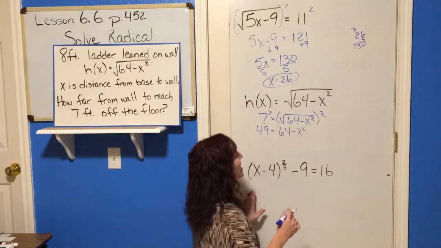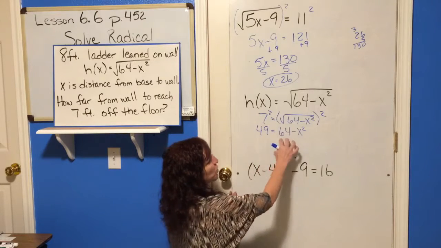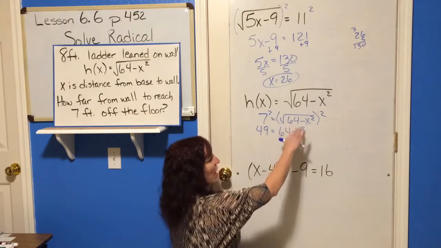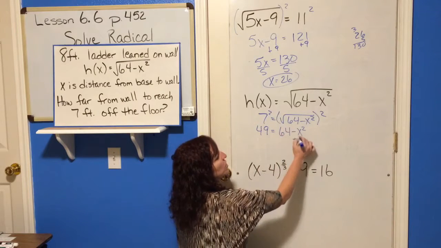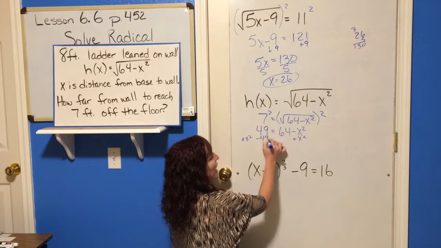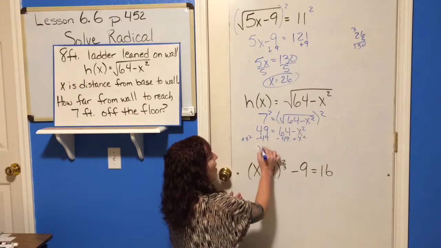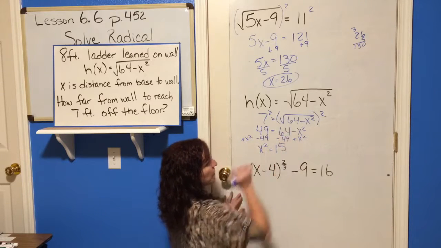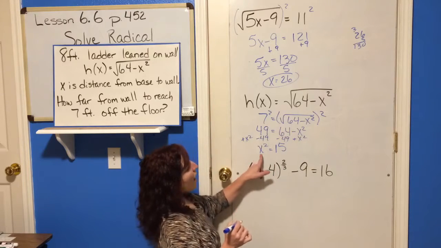So now in this case, you can do it one of two ways. You can either move the 64 this way and then divide by -1, or you can move the 49 that way and the x squared over here. So let's add x squared to both sides and subtract 49. So x squared equals 15. And so now I have a squared term.